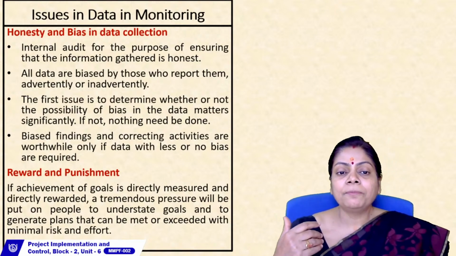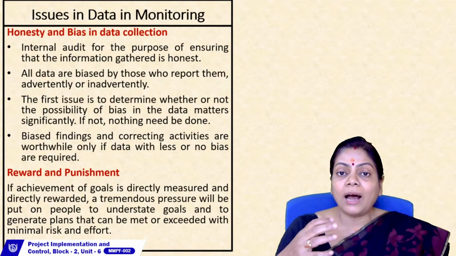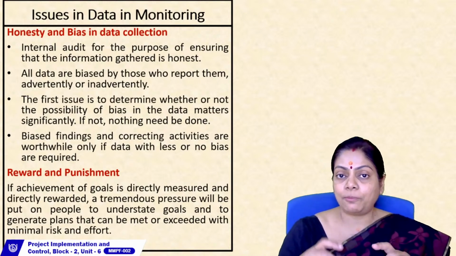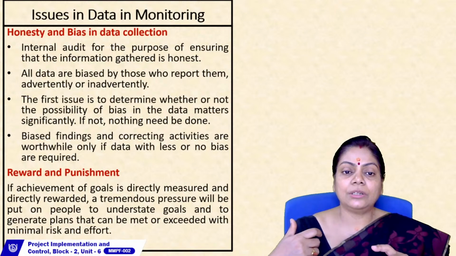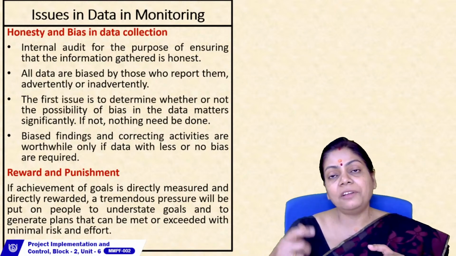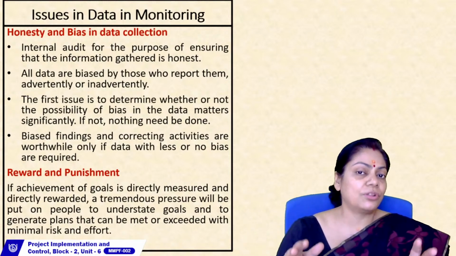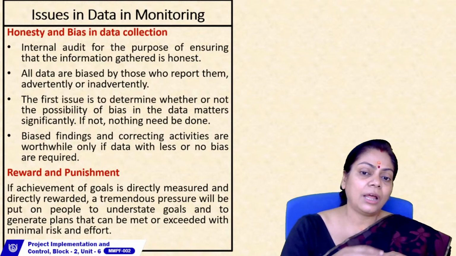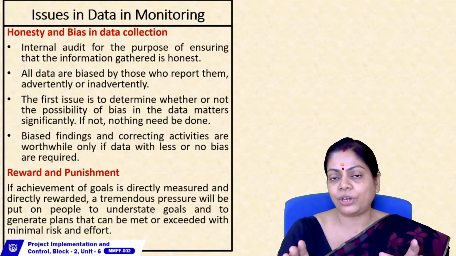So we have to be very sure how sensitive the project's performance is to these kinds of biases. If the bias in the data does not significantly affect the performance of the project, then we will do nothing. Honesty we can deal with through internal audit.